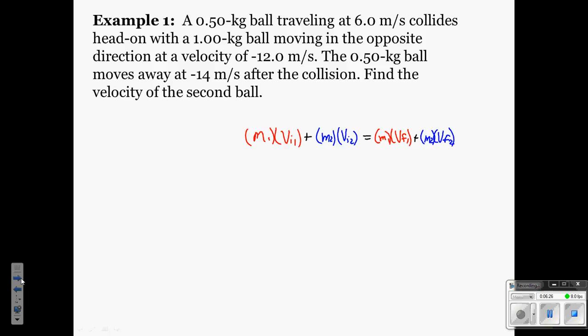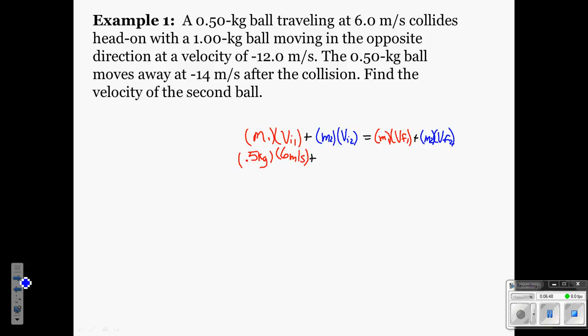So now I'm going to read my question, and as I read my question, I'm going to plug in. So I have a 0.5 kilogram object that is traveling 6 meters per second. You can read the English and see how that all works out. It makes a lot of sense.